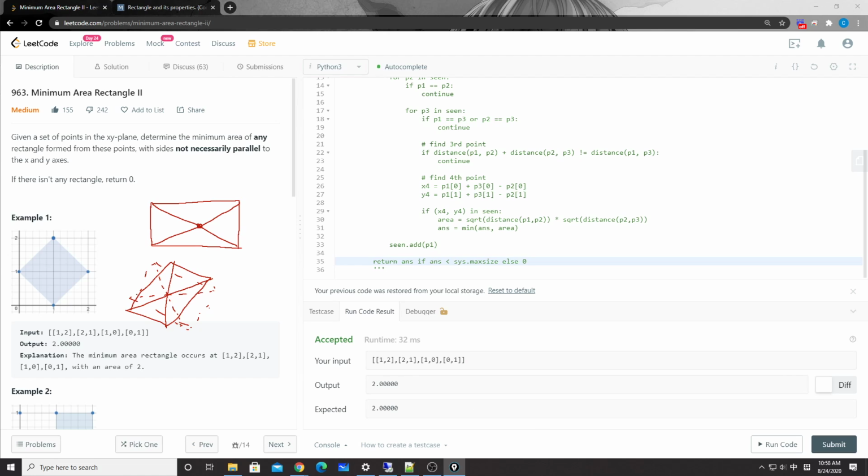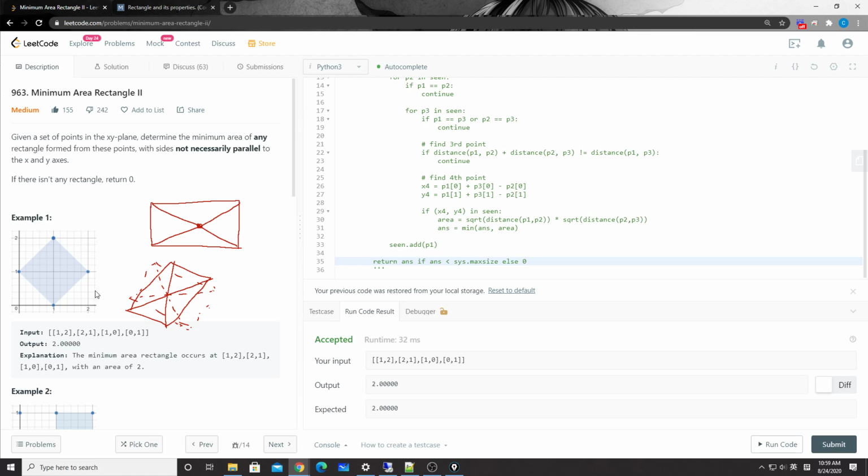The way we're going to do it is to use a hash set, right? We're going to use a hash set to maintain each of the diagonals that every 2 points can form.